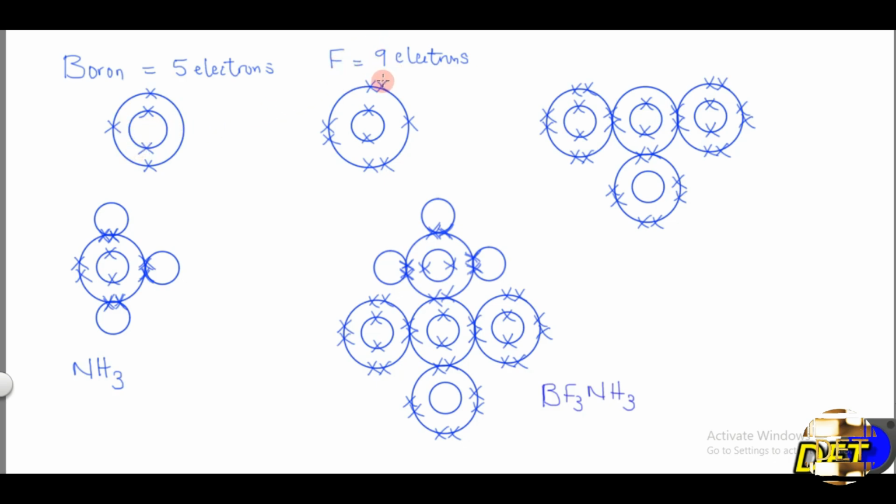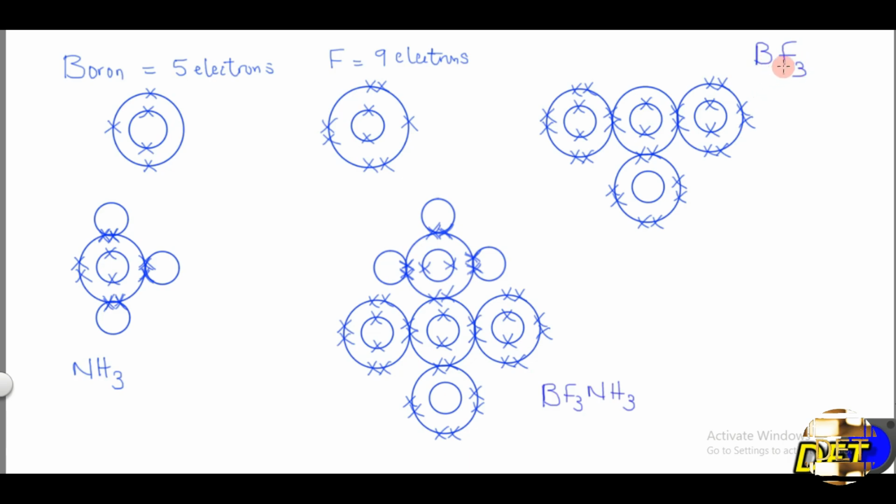And we have fluorine. Fluorine is the number 9 element, and so it contains 9 electrons, right? So if we are to configure those 9 electrons, we have 1, 2, 3, 4, 5, 6, 7, 8, 9. This is the electronic configuration of fluorine. So when these two elements combine together, they will form boron trifluoride, right?